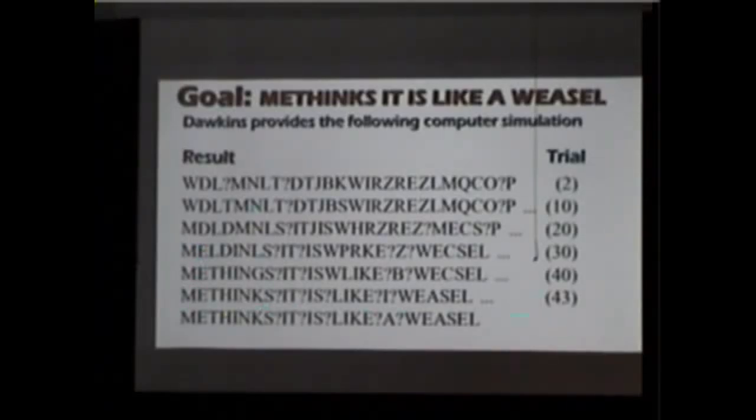So eventually, in 44 repetitions, we get methinks just like a weasel. That's how evolution works. Okay? That's his way. The problem is, this is a program written by a very intelligent guy. Okay? And number two is, you're not going to have life with a bunch of gobbledygook. You've got to start out with something that at least works before it works.